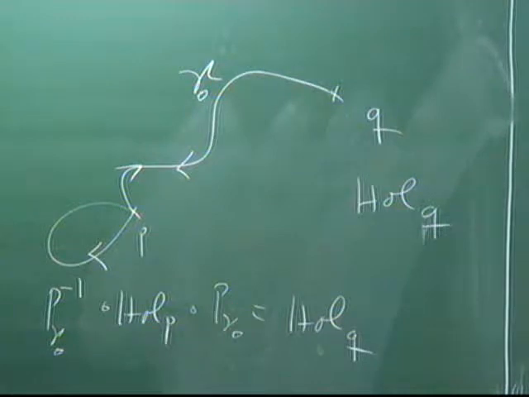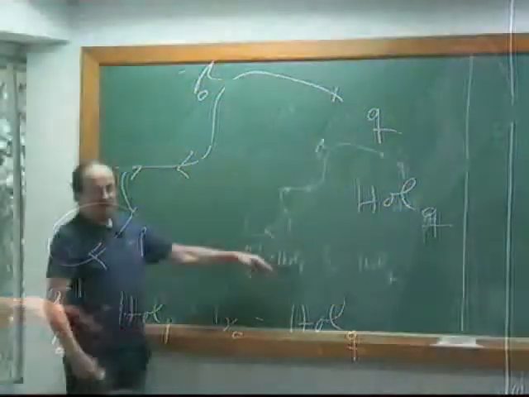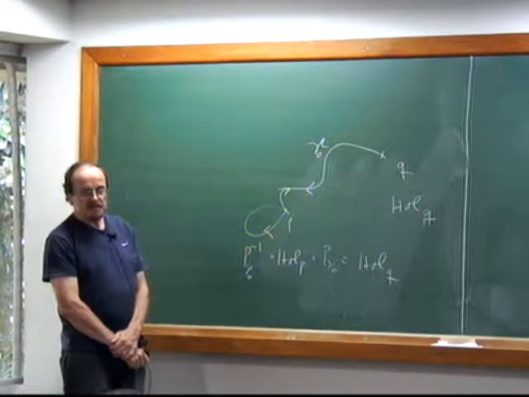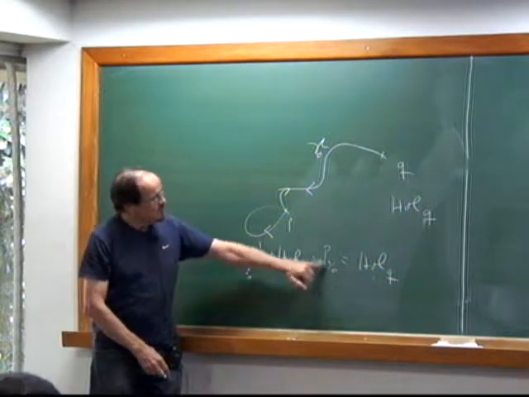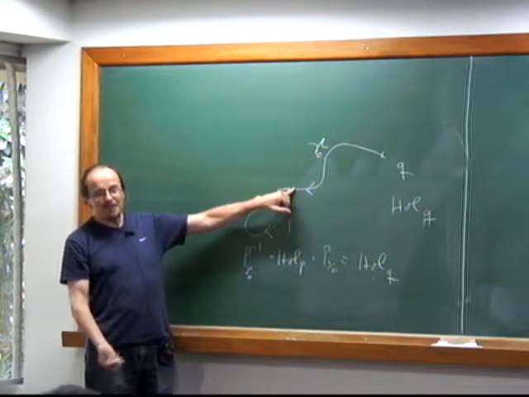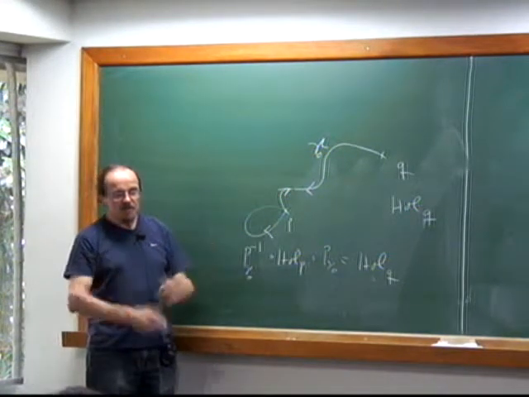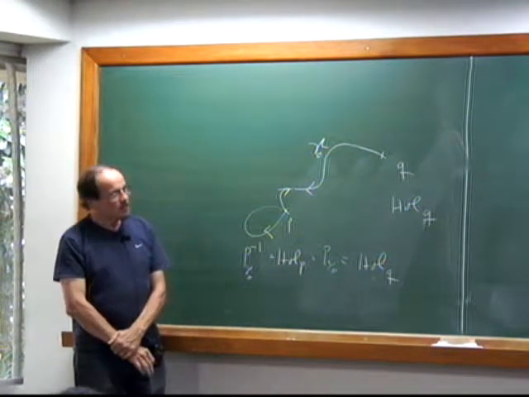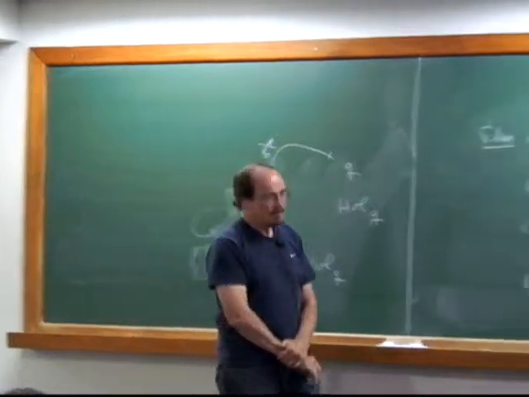So that's a natural comparison, and they're the same in that sense. In particular, they're isomorphic as Lie groups. Not in a natural way, because this isomorphism will change if I choose a different path. I get a different isomorphism. So not natural in a sense, but as Lie groups, they're the same. So I might as well talk about the holonomy group and not worry about the base point.